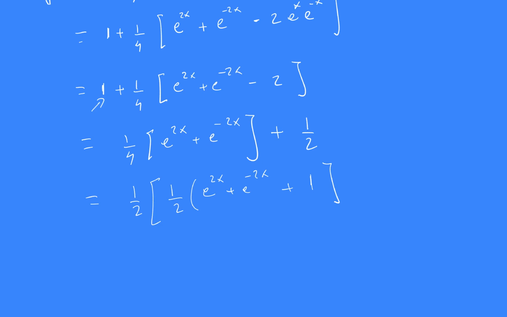Now I found it, 1/2 of 1/2. What is e to the 2x plus e to the minus 2x plus 1? This is e to the 2x plus e to the minus 2x squared. I found it.